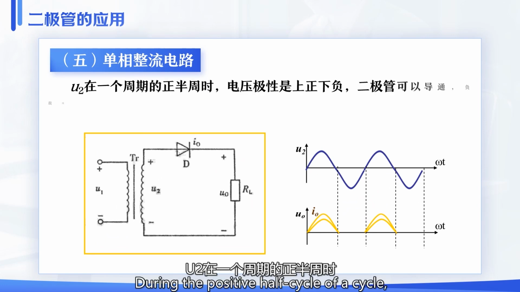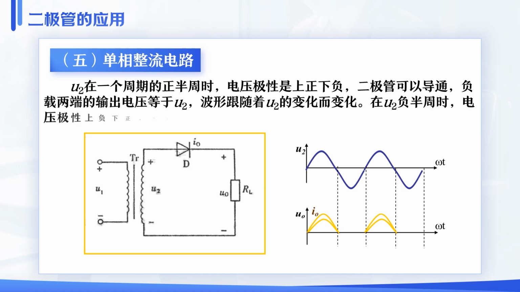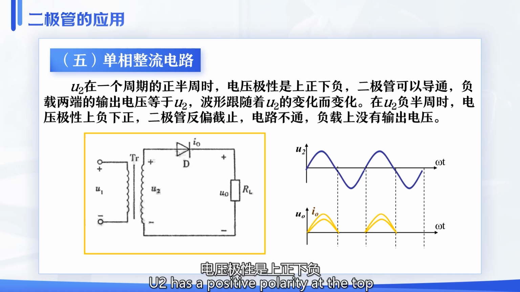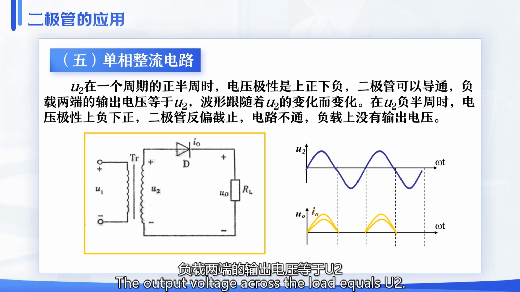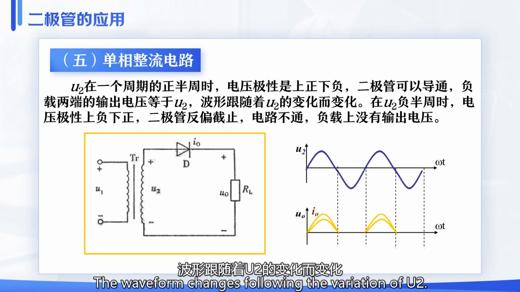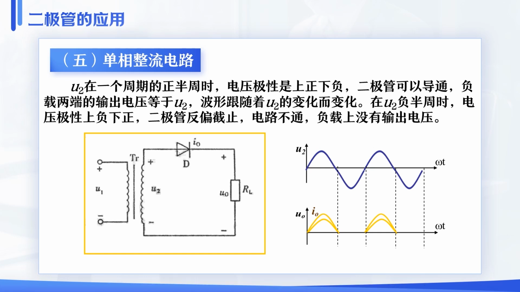During the positive half cycle, U2 has a positive polarity at the top and negative at the bottom. The diode can conduct. The output voltage across the load equals U2. The waveform changes following the variation of U2.